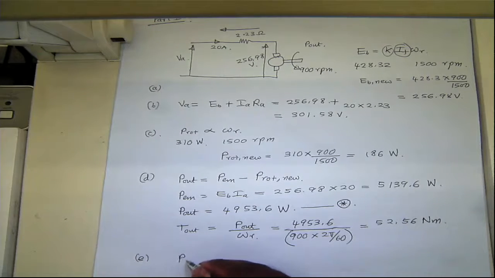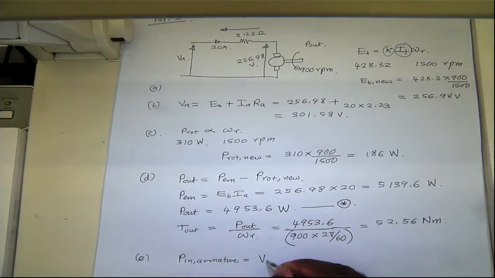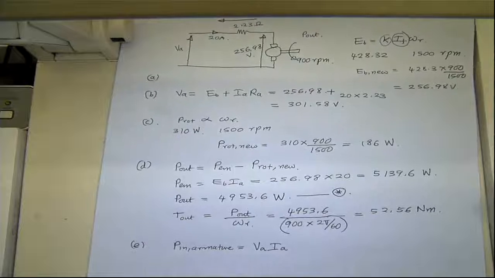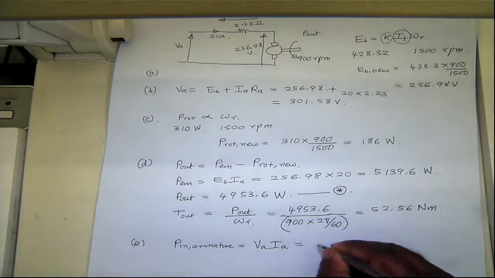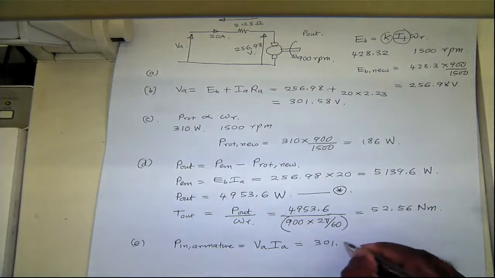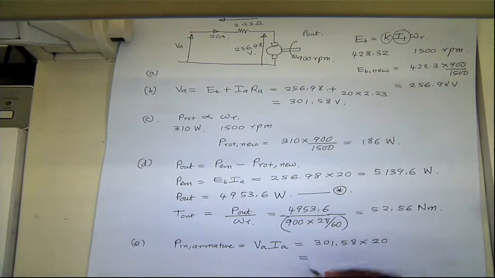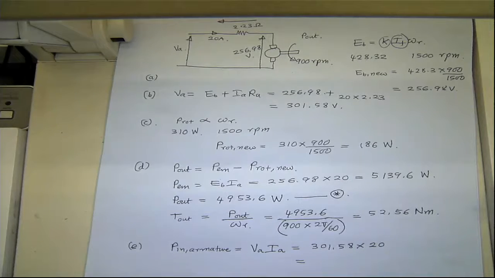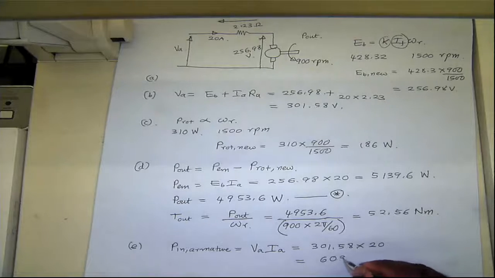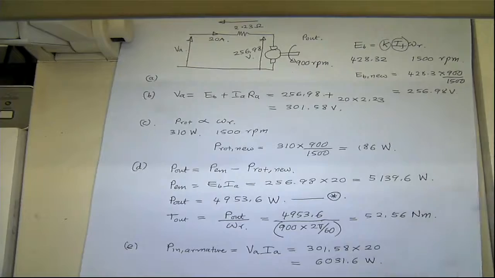So P in to the armature is the armature terminal voltage times armature current. So that's 301.58 times 20, which gives you 6031.6 watt. That's the armature input power.